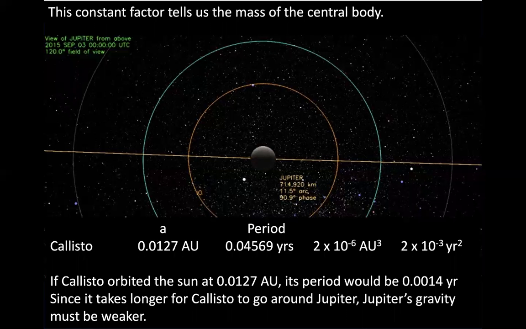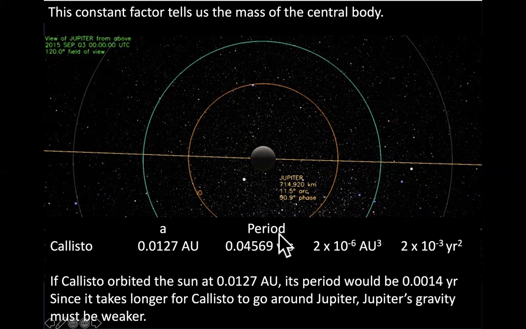The way to think about it is, let's just consider one moon. Callisto is at 0.0127 AU, and it has a period of 0.05 years. You can do the calculation here and again get a cubed and period squared.